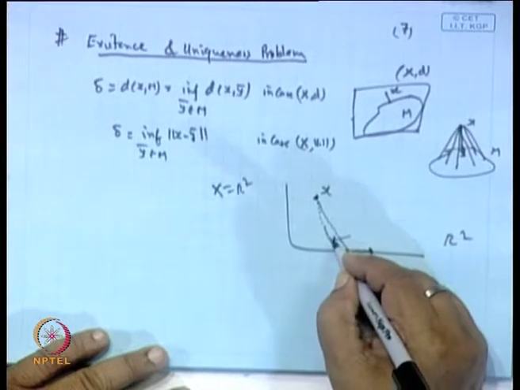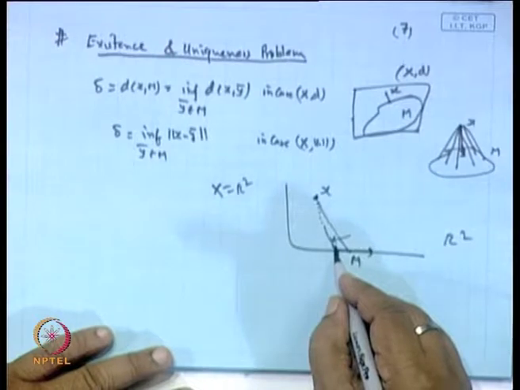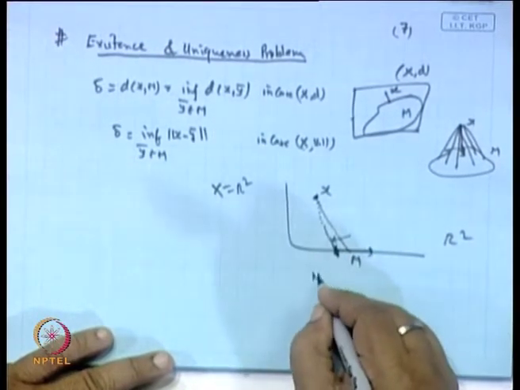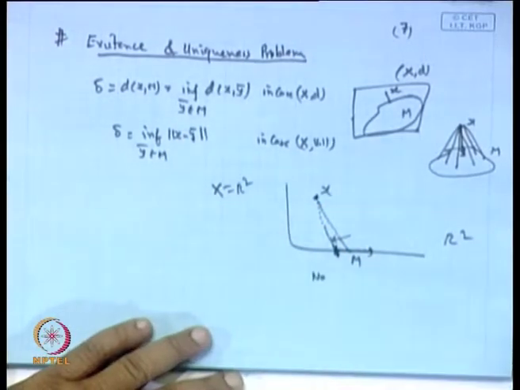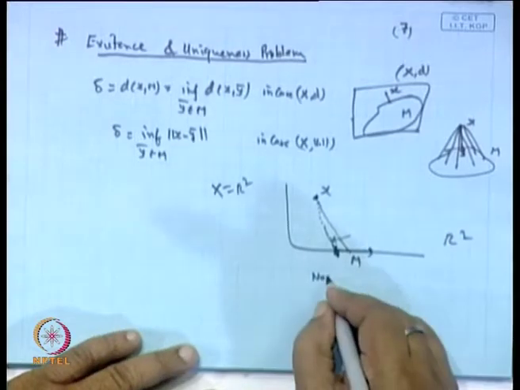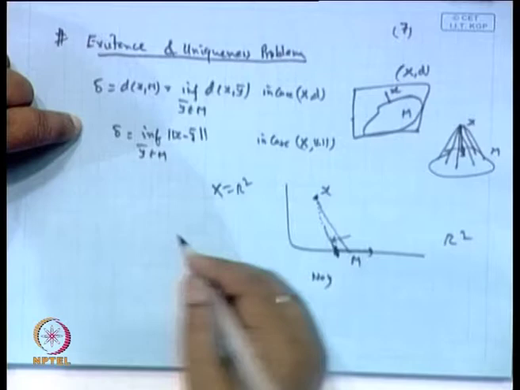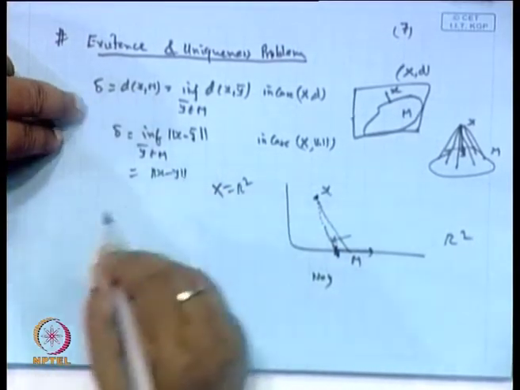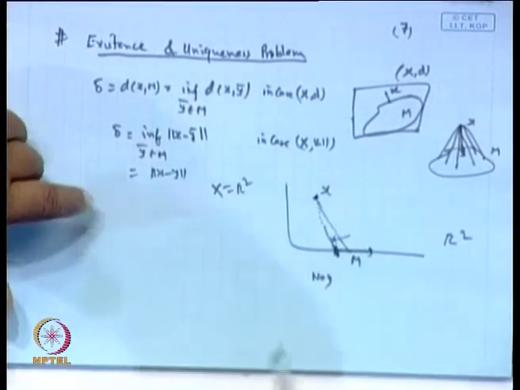In order to go up to this point, we require the end point, but the end point is not available. So no such y0 is available, is it not? Suppose there exists y0 equal to this, I would write X minus y0. So, no y0 is available here.